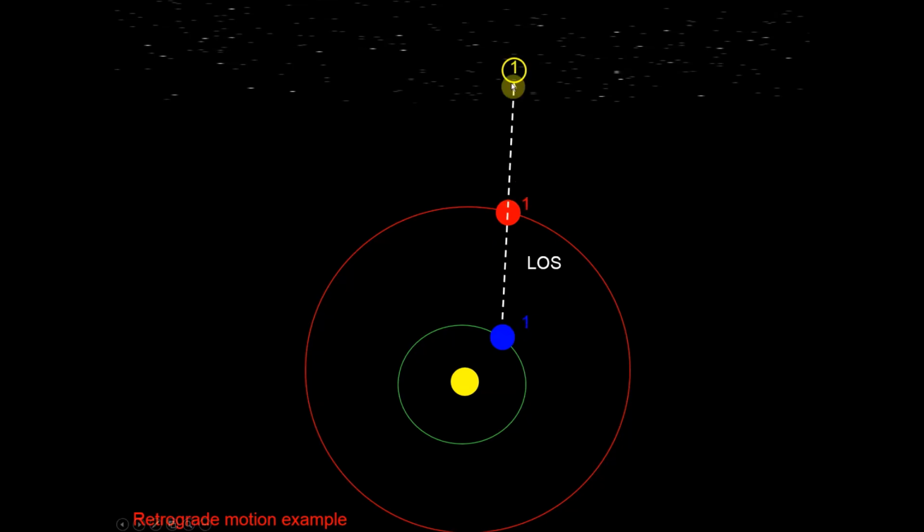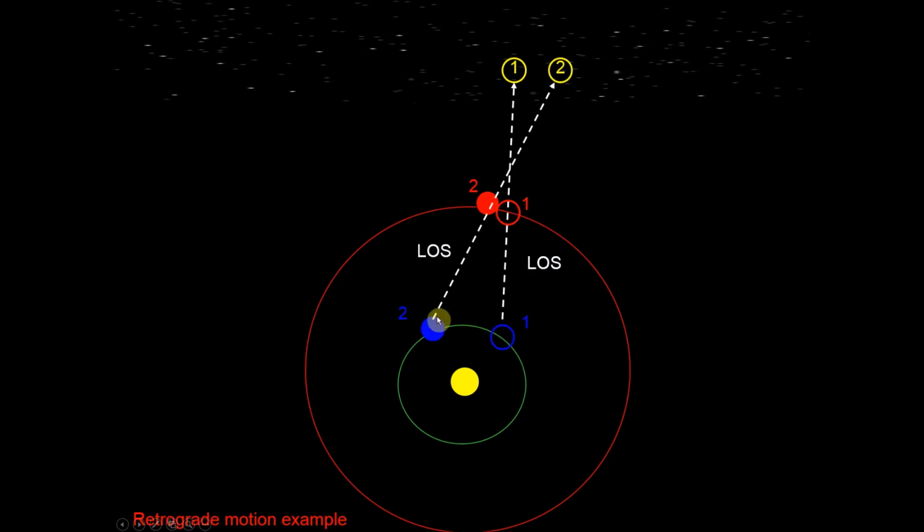Here's our line of sight. We see this planet Mars against the background of stars here at point 1. Now as time moves on, Earth moves in its orbit, but Mars does not move nearly as far in its orbit as Earth does, as Earth is going faster than Mars.